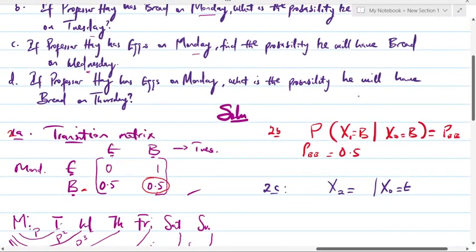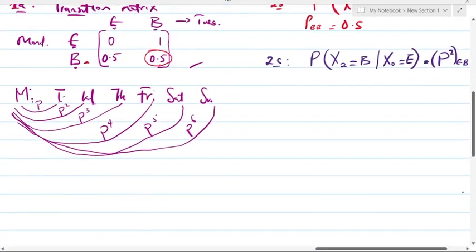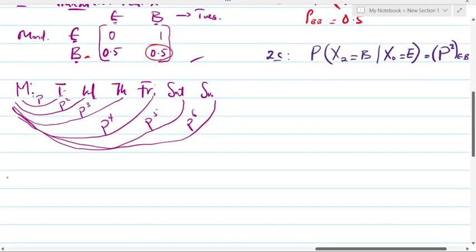We are finding the probability we have bread. This is egg, so we are moving over 2 steps, that is P squared, the transition from egg to bread. For us to get this, we have to first find the square of our transition matrix.